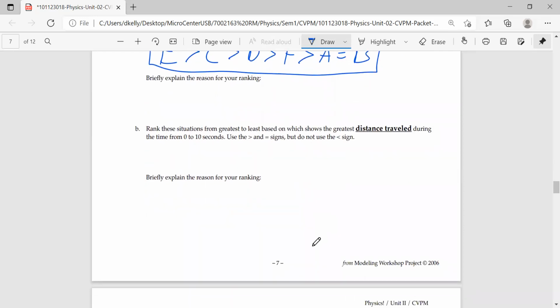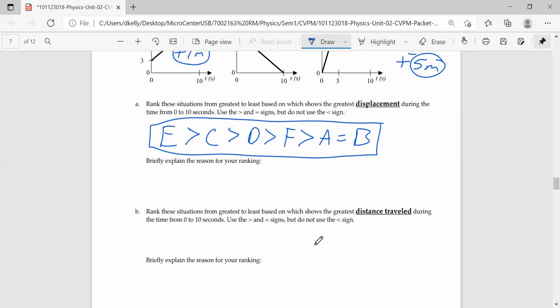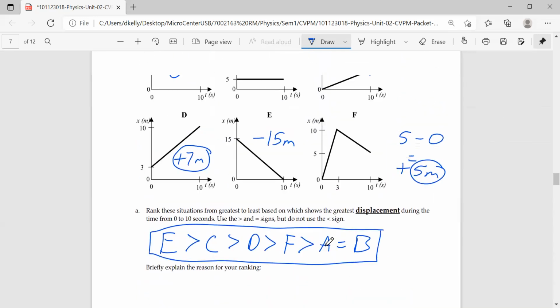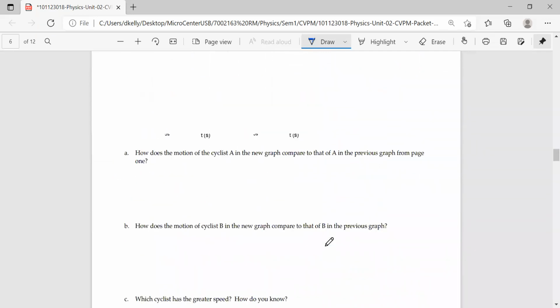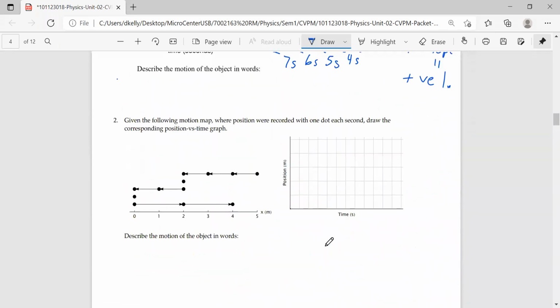That's all we're doing. So you should have already done pages 1 through 3 by last week, I believe, the last time we ended off with the CVPM. And now today, you're going to be completing pages 4 through 7 after the examples.